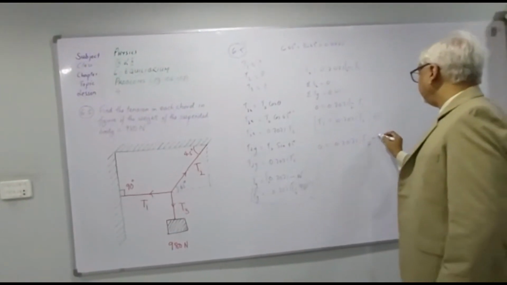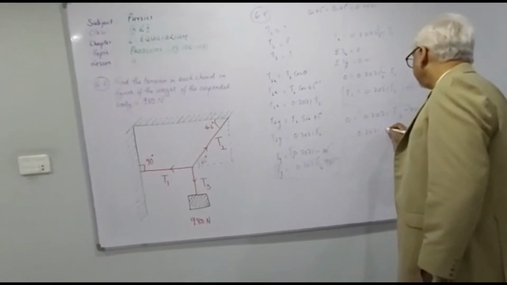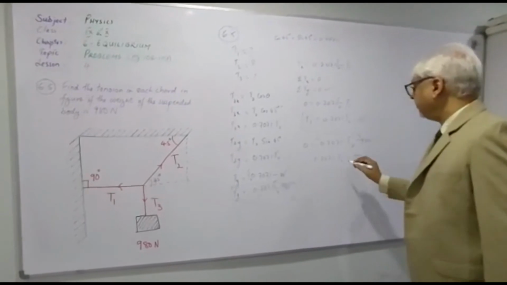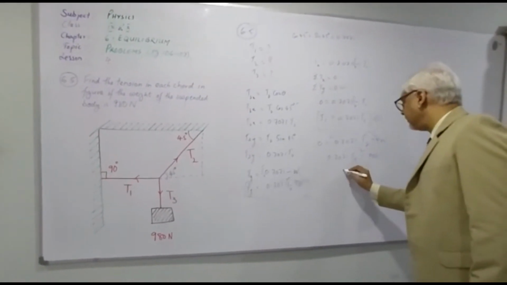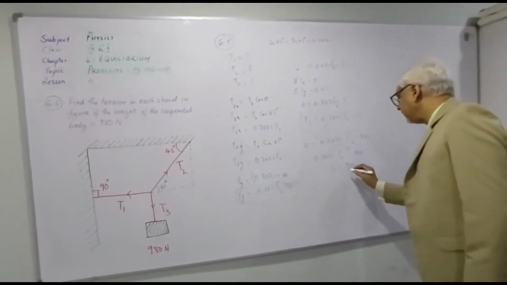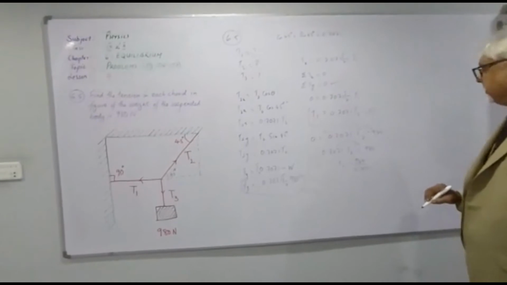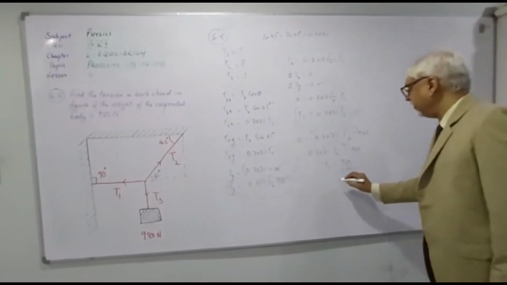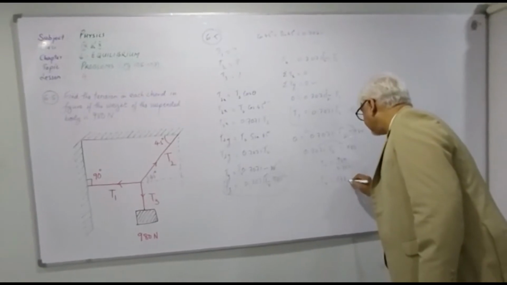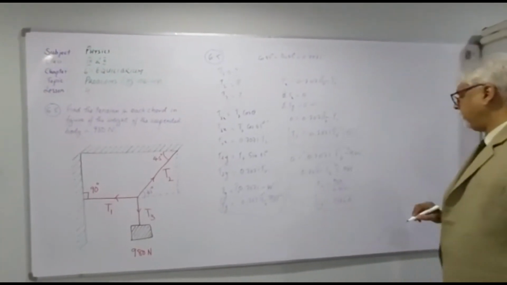When you bring minus 980 over here, it becomes 0.7071 T2 equals 980. Moving 0.7071 to the right-hand side, T2 is 980 divided by 0.7071, which gives you 1386 Newton.